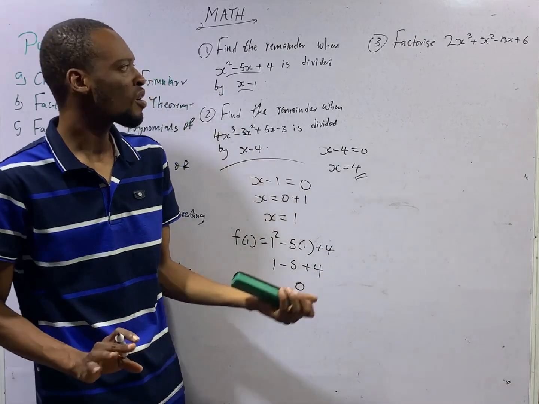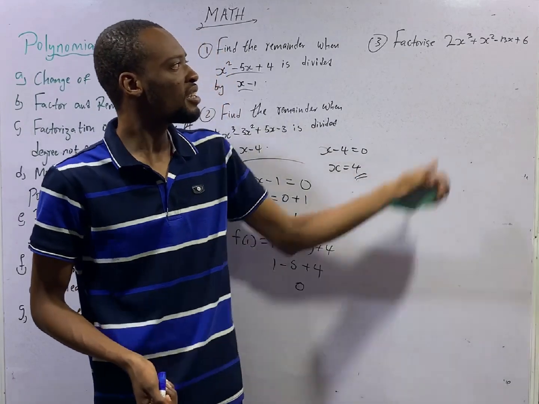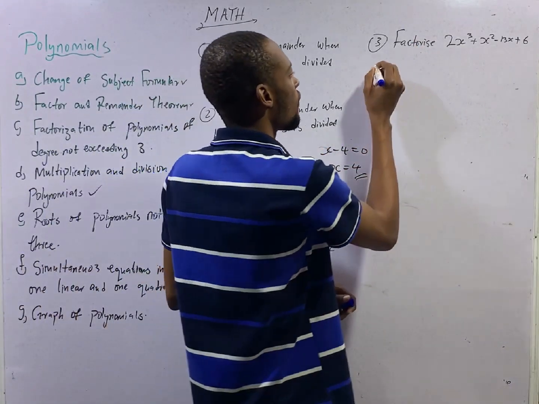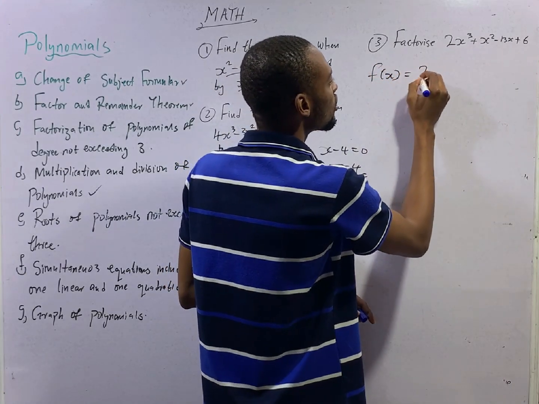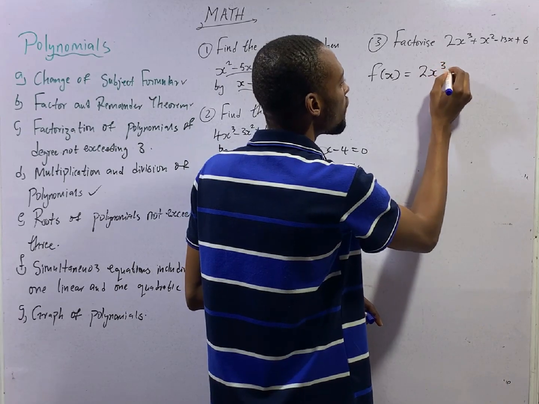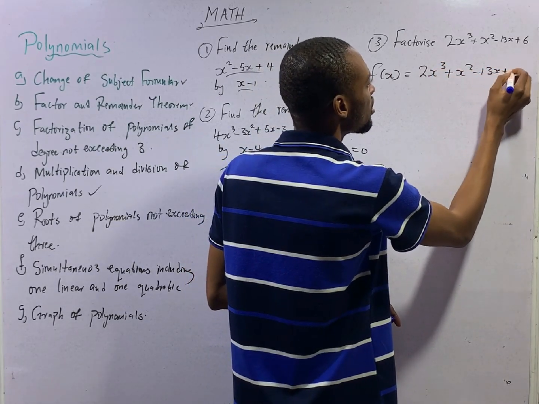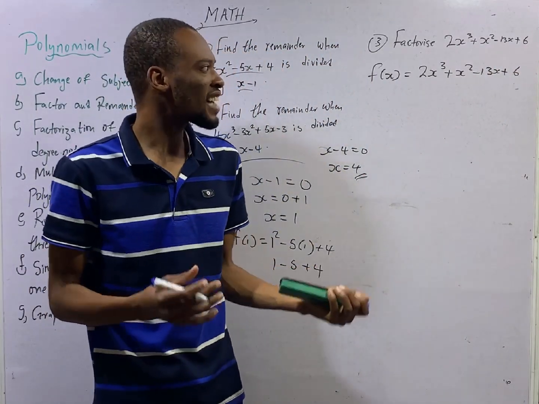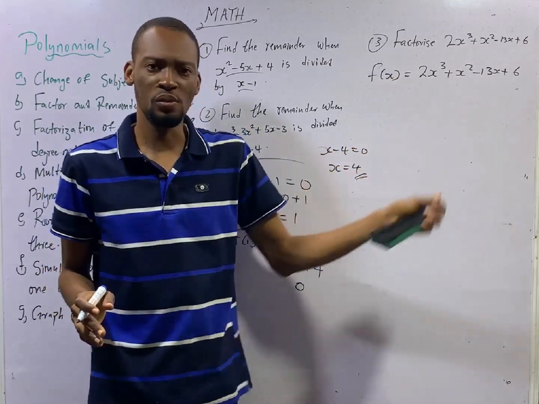Another thing you will be asked under polynomials is to factorize. If I give you something like this and I say factorize, this means the function of s is 2s raised to the power of 3 plus s squared minus 13s plus 6. What you simply do is start from 1, make s 1 and see what you will get.